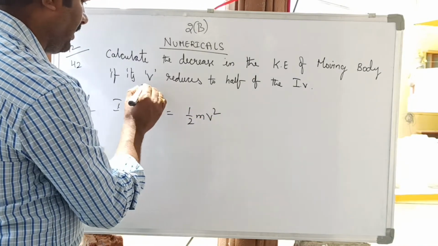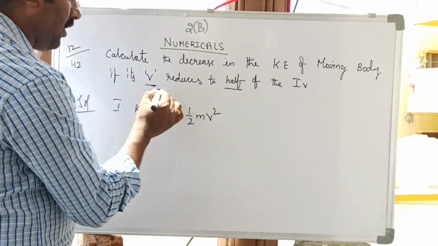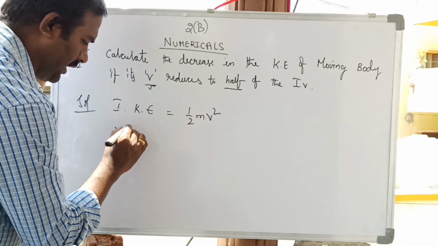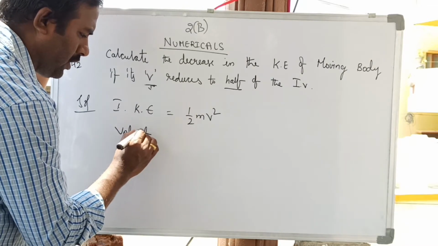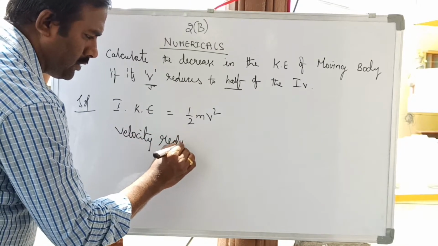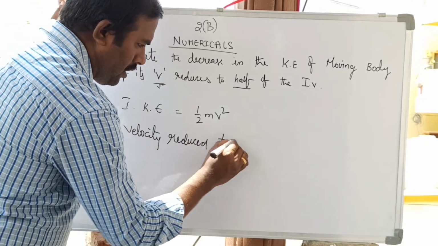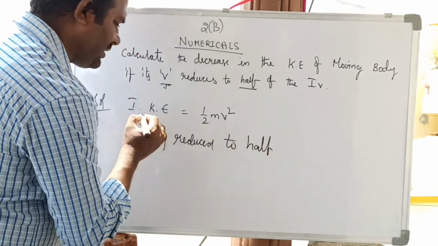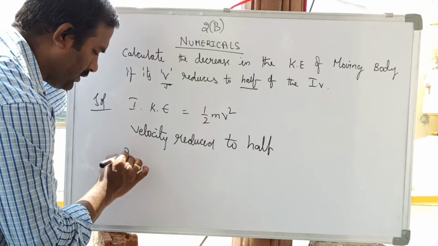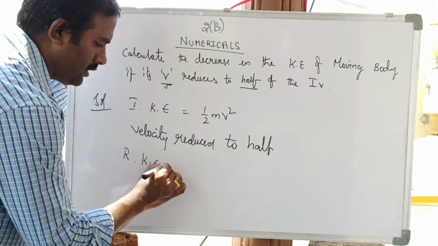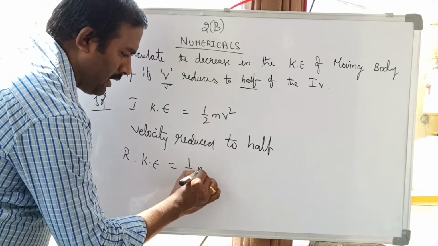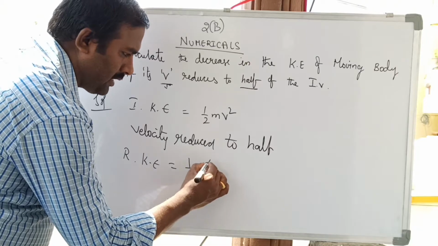After that, what is reduced to half? Velocity is reduced to half. This is the starting, initial. Then reduced kinetic energy is equal to half m into the velocity, which is how much?